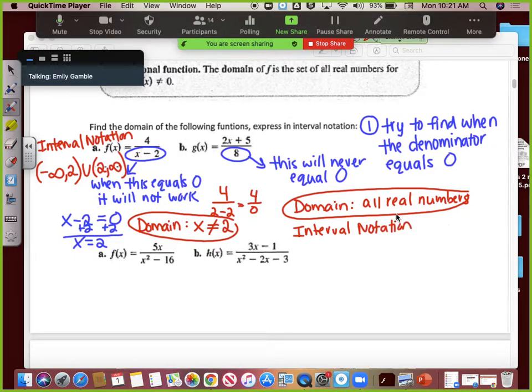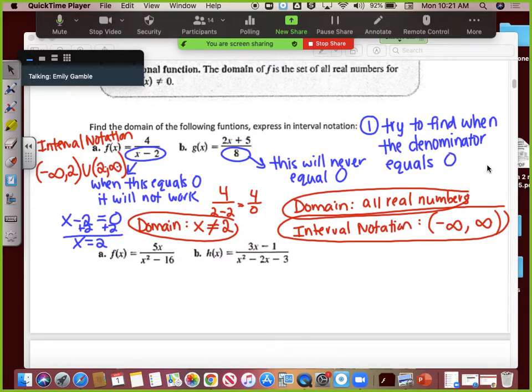All real numbers would be any number from negative infinity to positive infinity. So I would use a parenthesis, the negative infinity sign, comma, the positive infinity sign like that. So here's the two ways you could write your answer. All real numbers like that, or listing in an interval notation would be from negative infinity to positive infinity.